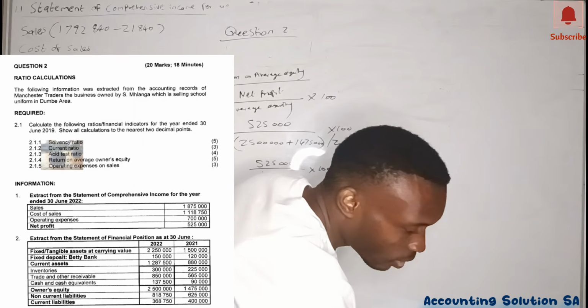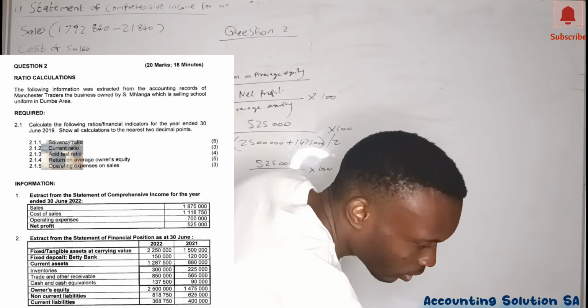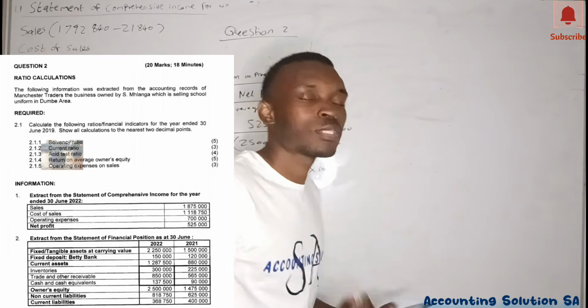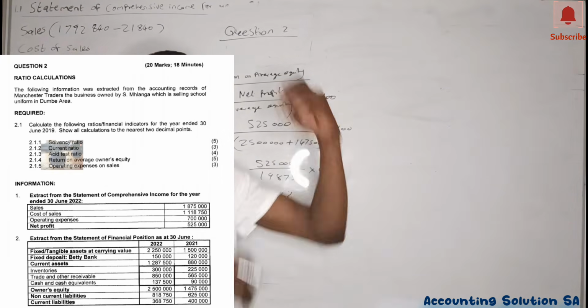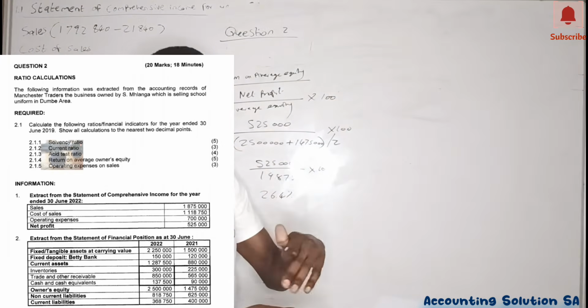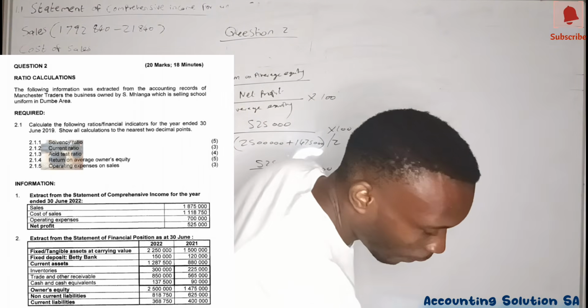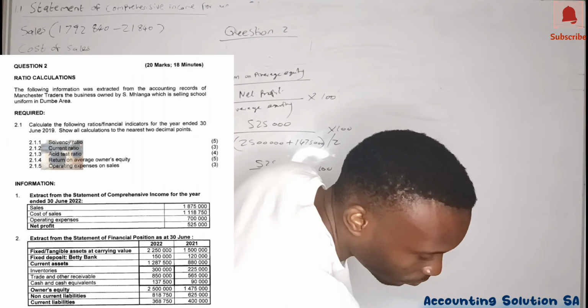Then the last one, they said operating expense on sales. Operating expense on sales, guys, simply means that we are going to take operating expense, divide by sales and multiply by 100. Let's go to the income statement.